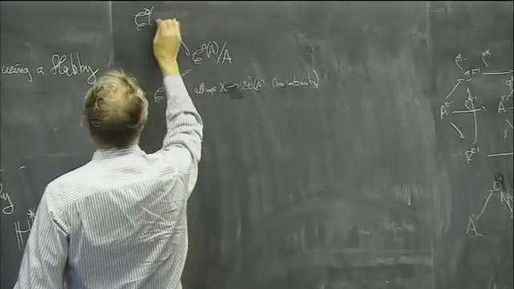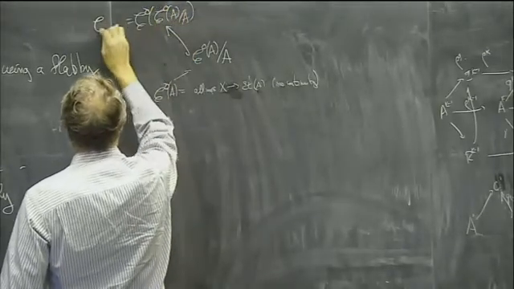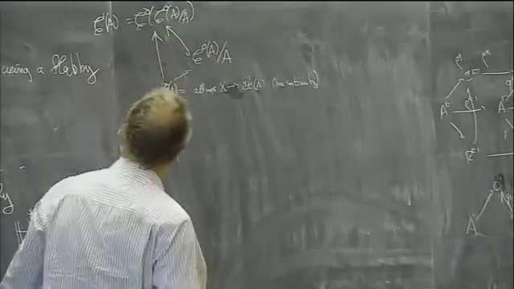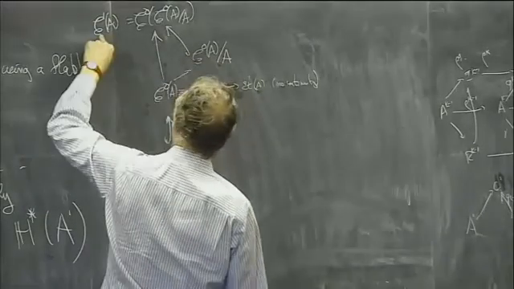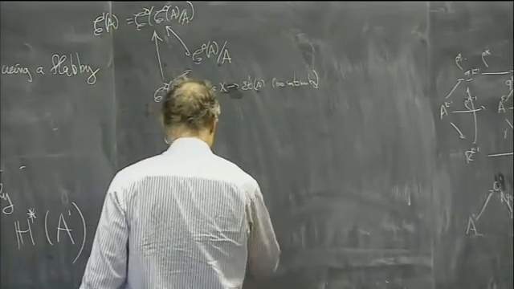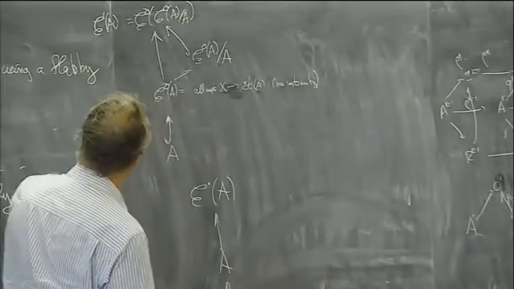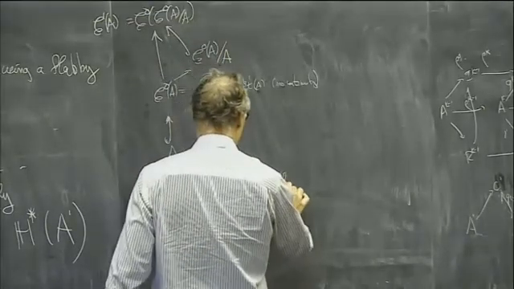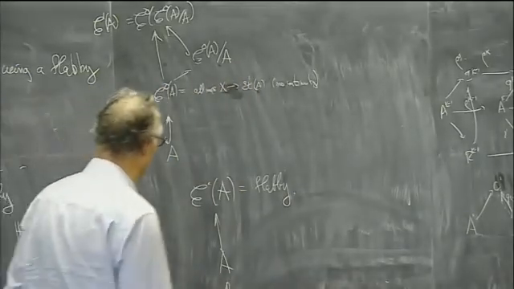C naught of A mod A, I call that C1 of A. And so what I've done is I've embedded C naught mod A into C1, and I just keep going, and I make a complex which by construction resolves A, and also because I'm taking all possible sections, these are all flabby. So it's a flabby resolution of A, the Godement resolution.